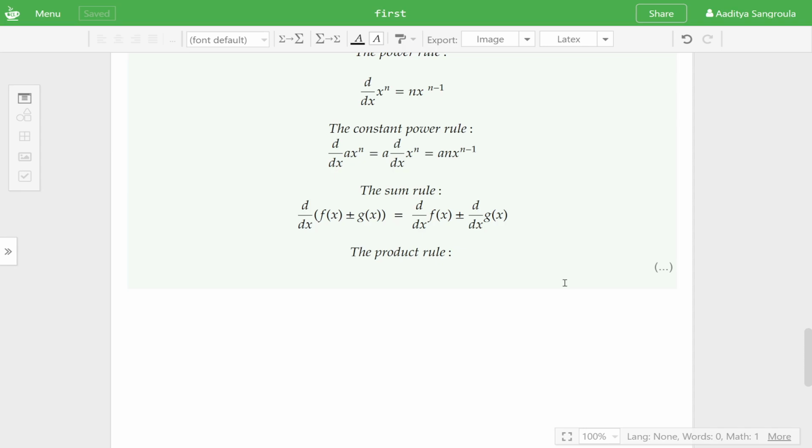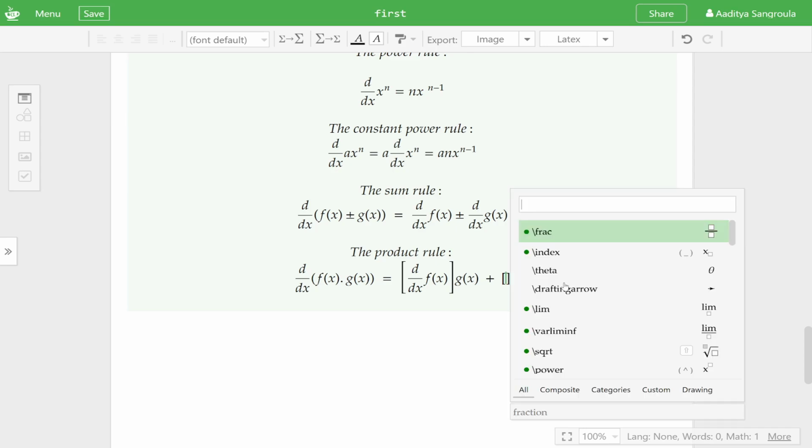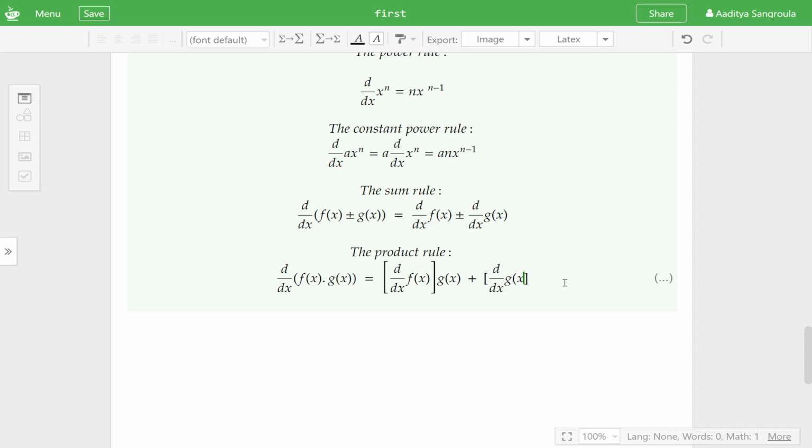Now we have the product rule. The product rule says the derivative of, within a bracket, f of x times g of x is equal to the derivative of f of x times g of x plus the derivative of g of x times f of x.